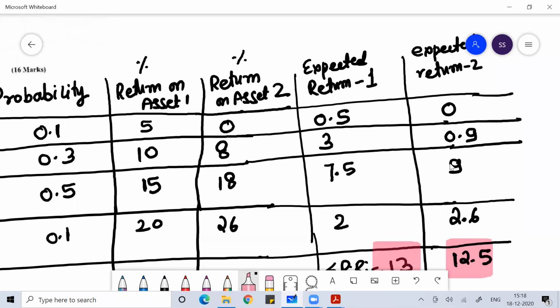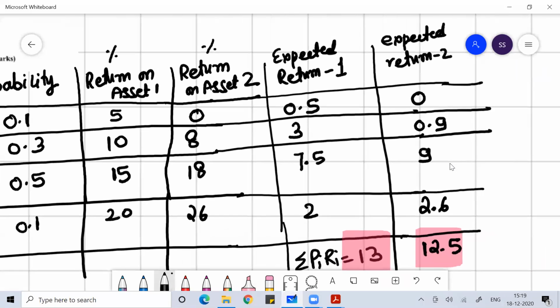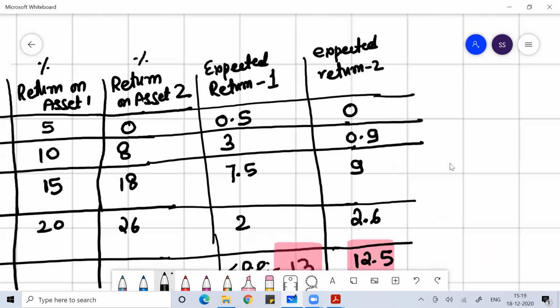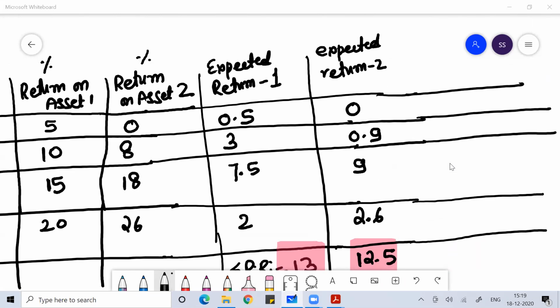So expected return on 1 and 2. Everyone understood this? Fine, everyone. Anyone any doubt? Anyone any doubt? You got the expected return. So you got the expected return.